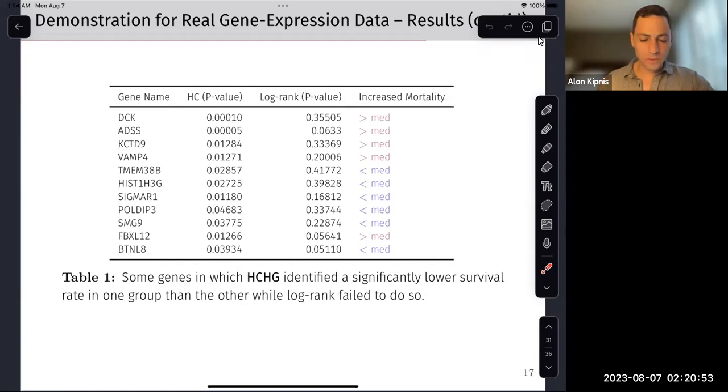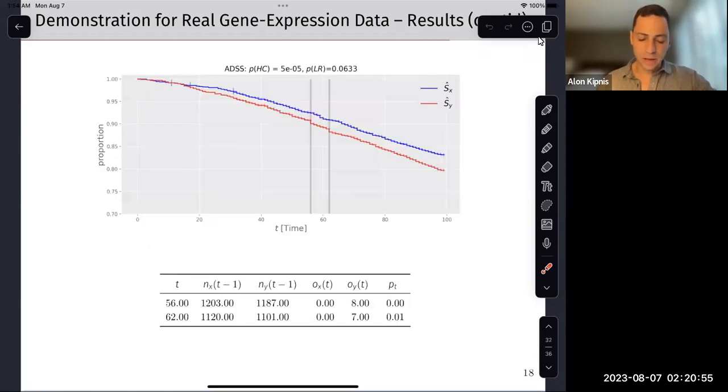You can also look at some of those genes, like ADSS. So here are the survival curves. This gene was found to be significant by higher criticism, but insignificant by the log rank, at least at the 0.05 level. What you see at the bottom here are those time instances that were reported by the higher criticism threshold.